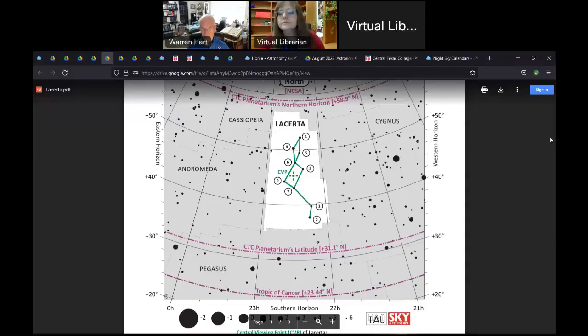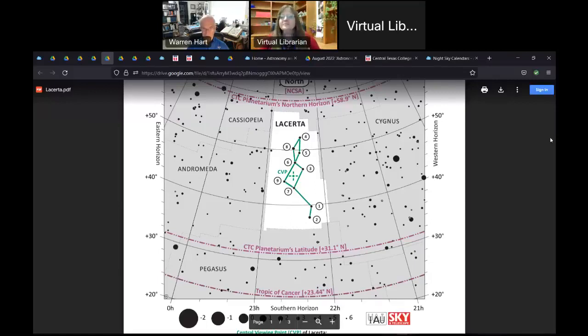Well, actually, that's not correct, but it comes up from the eastern region of the sky, and it reaches directly overhead right at our latitude there.